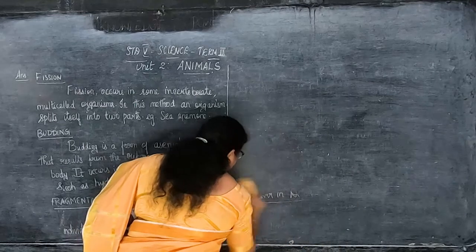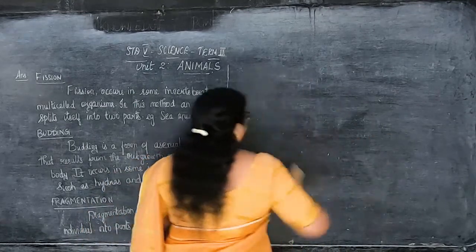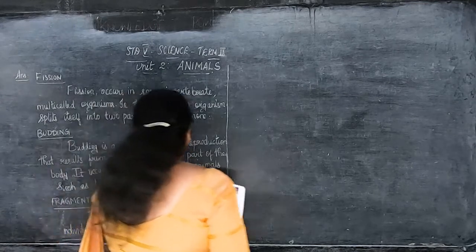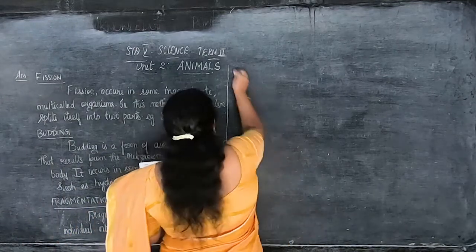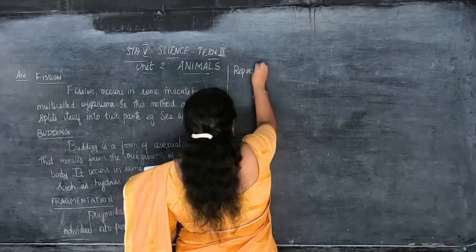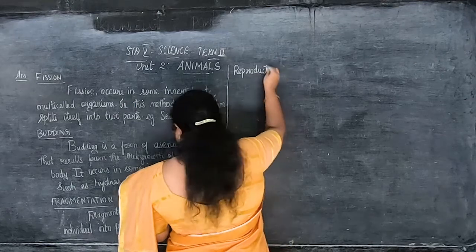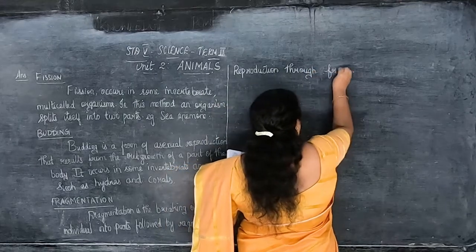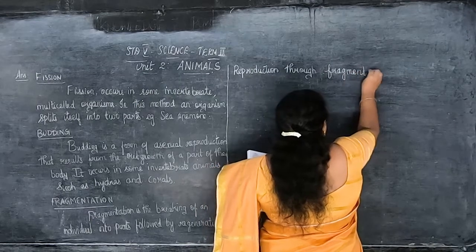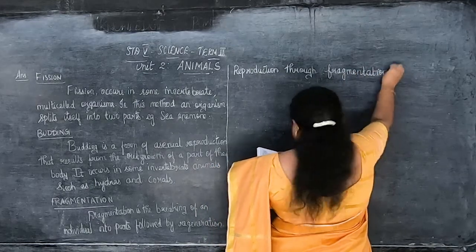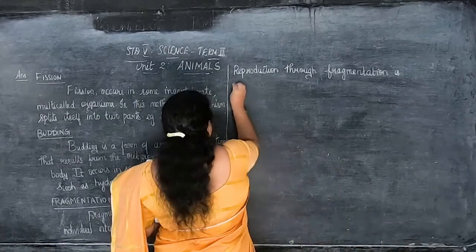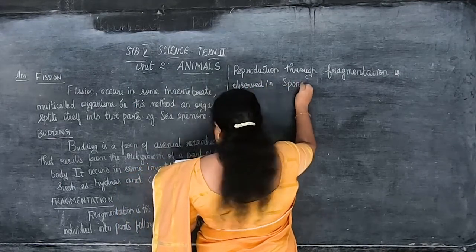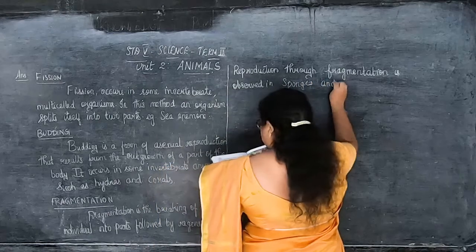So you have two more details. By regeneration, reproduction through fragmentation is observed in sponges and sea stars.